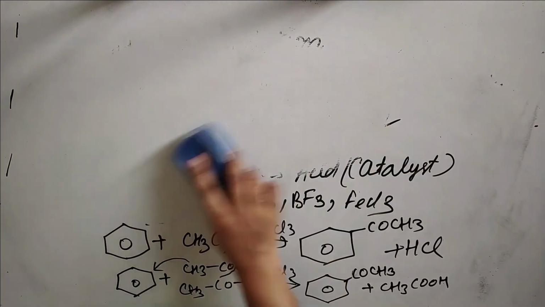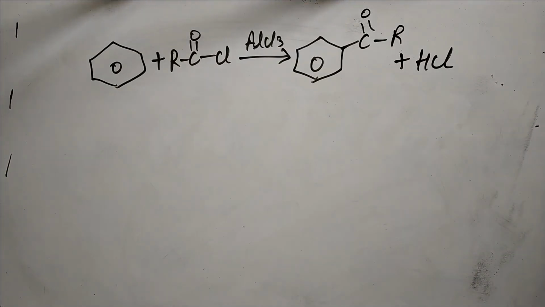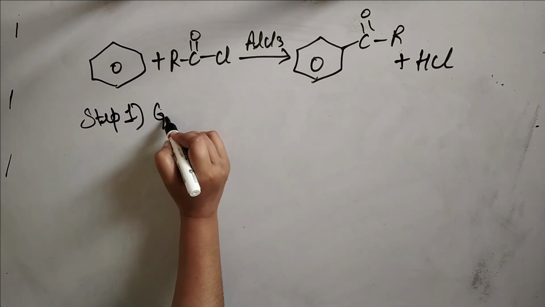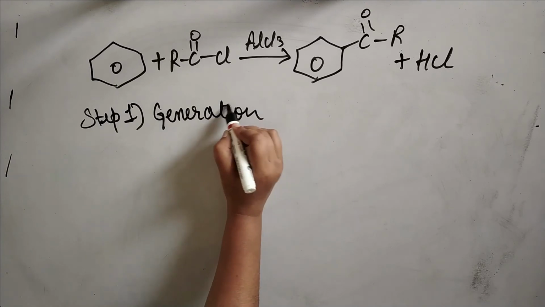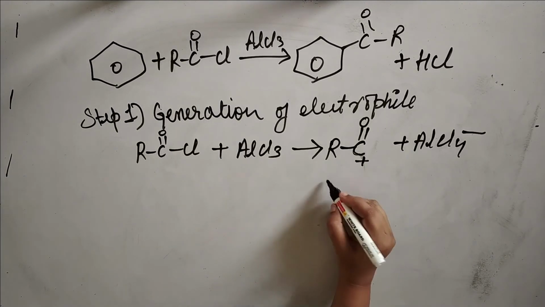Let's see the reaction mechanism, how it occurs. So this is the general reaction of Friedel-Crafts acylation. Let's see how this reaction proceeds. Again it is the same as Friedel-Crafts alkylation, where the first step is the generation of the electrophile. Step 1, generation of the electrophile. So here you can see the acylium ion.